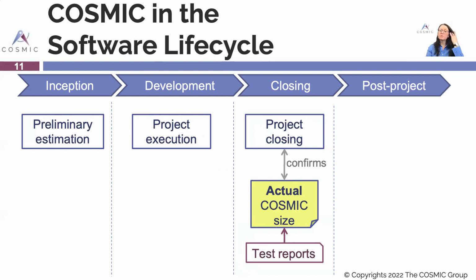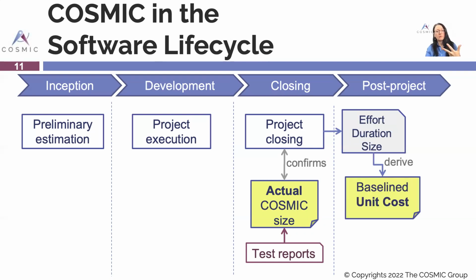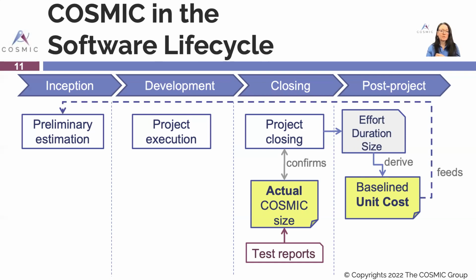So if you want to build up your estimation model, you will need data from recent past projects. From this data, you will have the effort, the duration, and the size. And from these data, we can derive a baseline unit cost, which then feeds preliminary estimation for the next project.